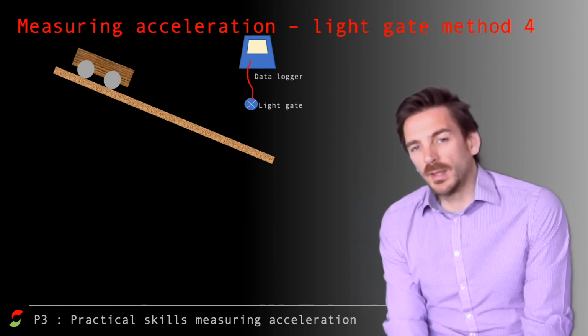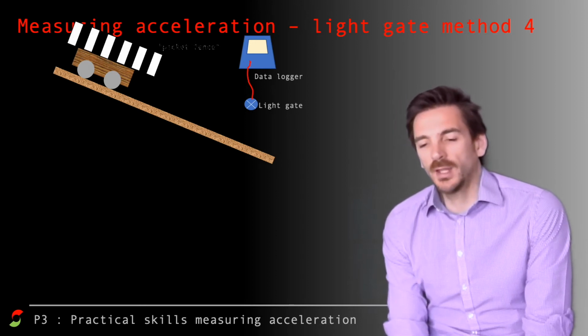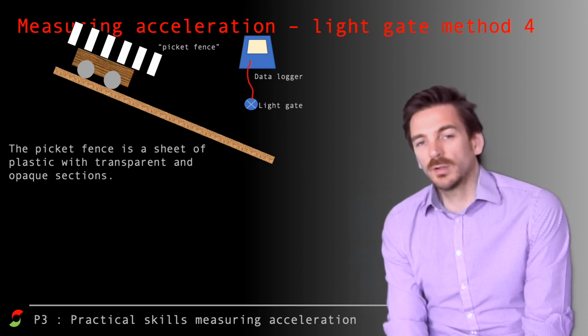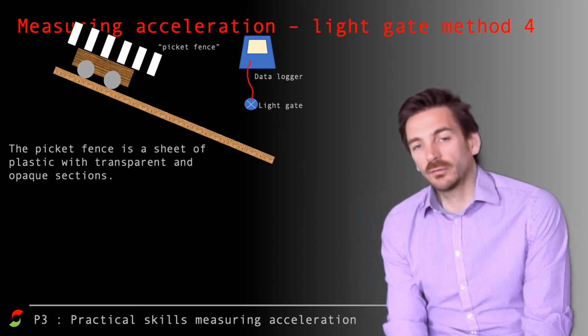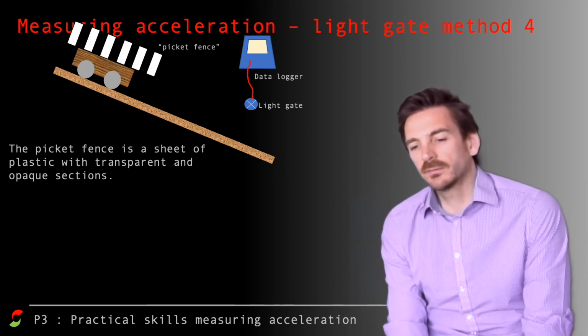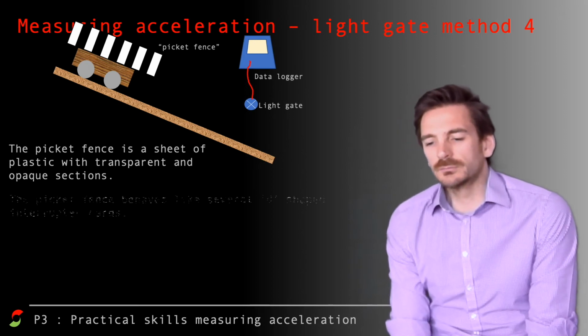And there's one final method that you may have come across, and that's using something called a picket fence. A picket fence is a piece of plastic with opaque and transparent sections on it repeated several times, so it looks a little bit like a picket fence. And we're using one light gate and a data logger here.